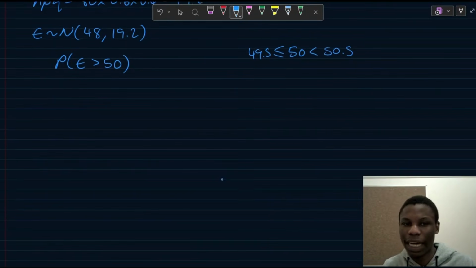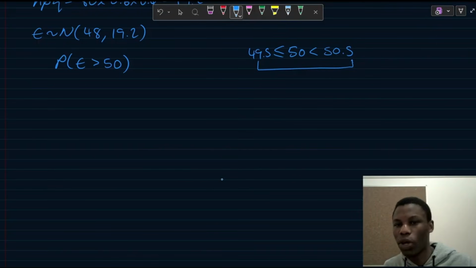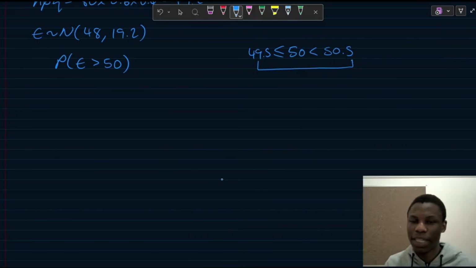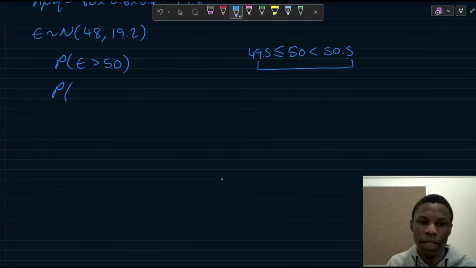So if I'm saying I want e to be greater than 50, it means I want e to be greater than any number within this interval, because any number within this interval represents 50. So that means I want e to be greater than 50.5, because that ensures that I don't include any number within this interval. So probability that e is greater than 50.5.